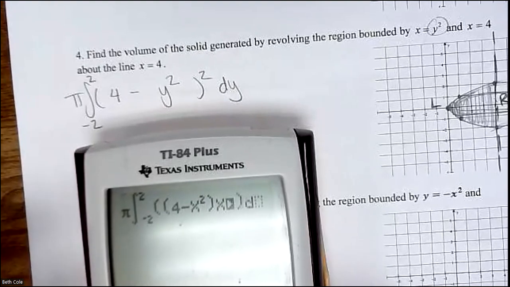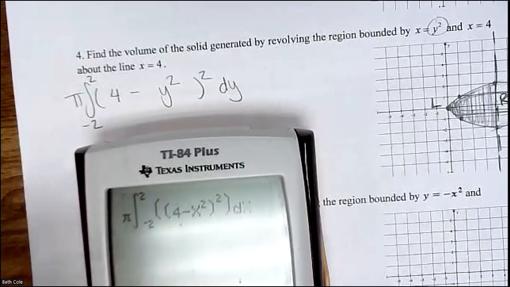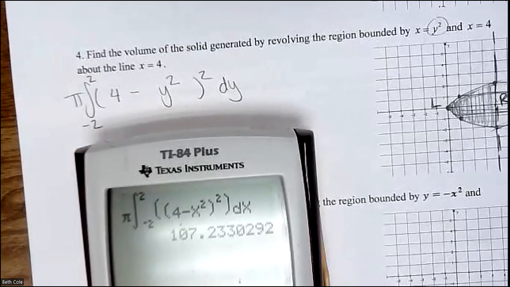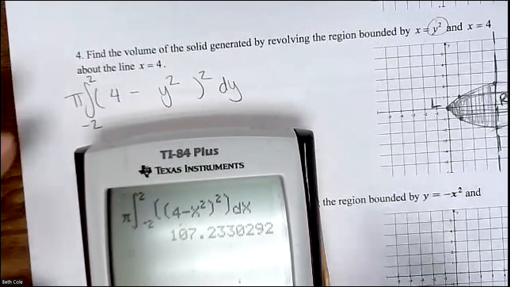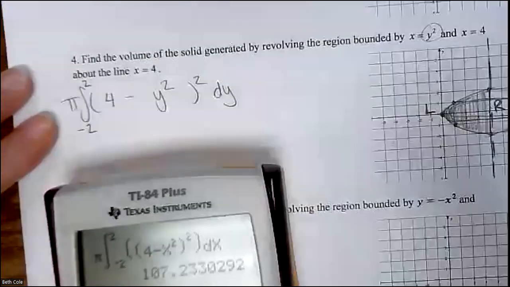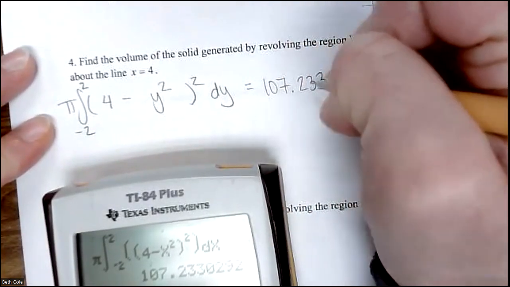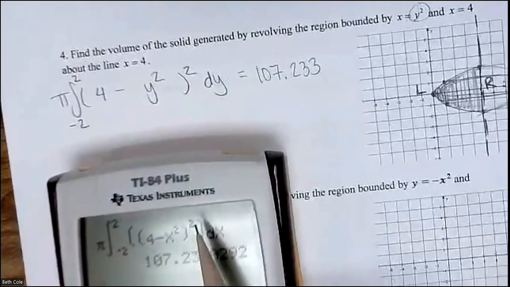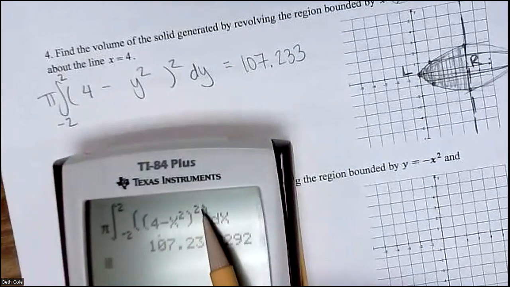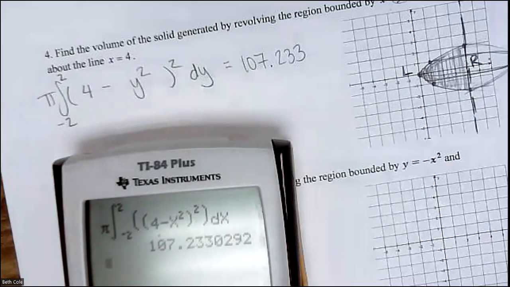Oops, what am I doing? Square, there we go. Can anyone confirm? Yes. Okay. If you got a way smaller number, you probably forgot this squared right there is my guess. Or did that go okay? Okay. One more.